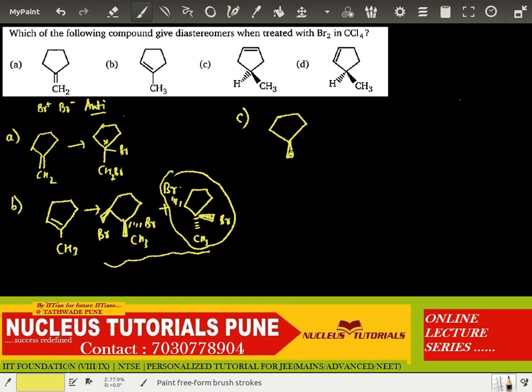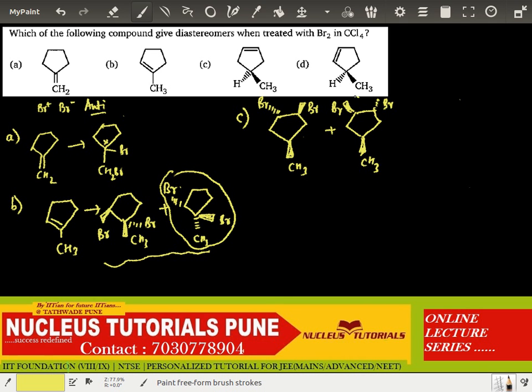So what do we have? We have this methyl which is outside, and we can have two cases: this bromine outside the plane and this bromine inside, and a second molecule where, because nothing is happening over here, the methyl still remains outside the plane, but here this bromine gets inside the plane and this bromine is outside the plane.